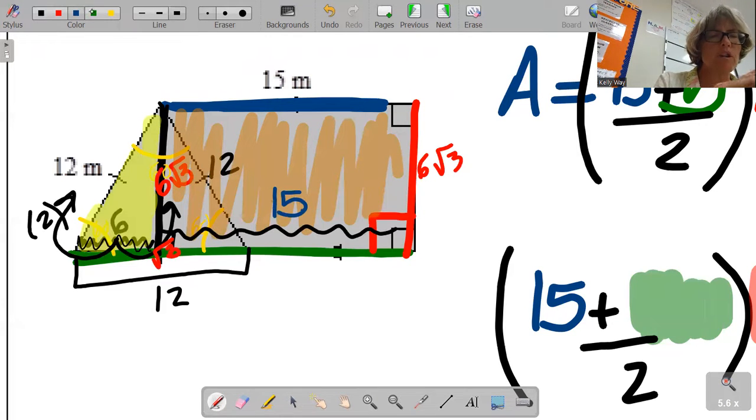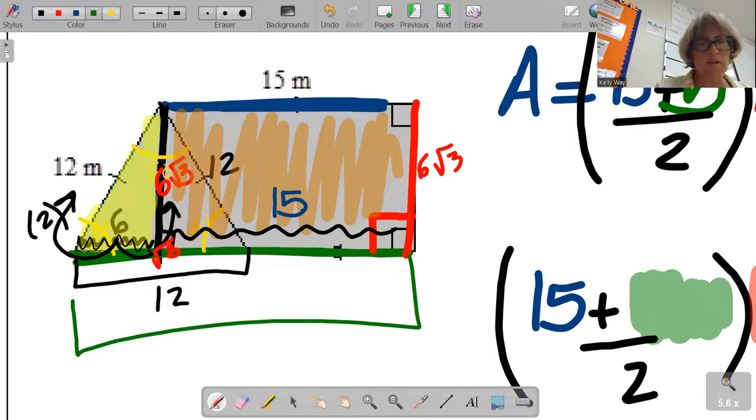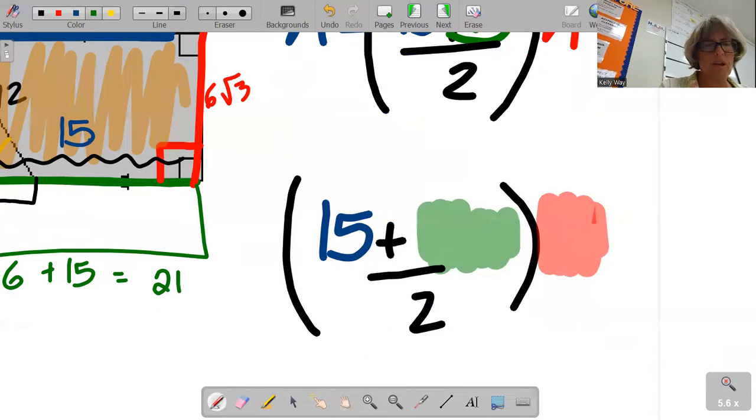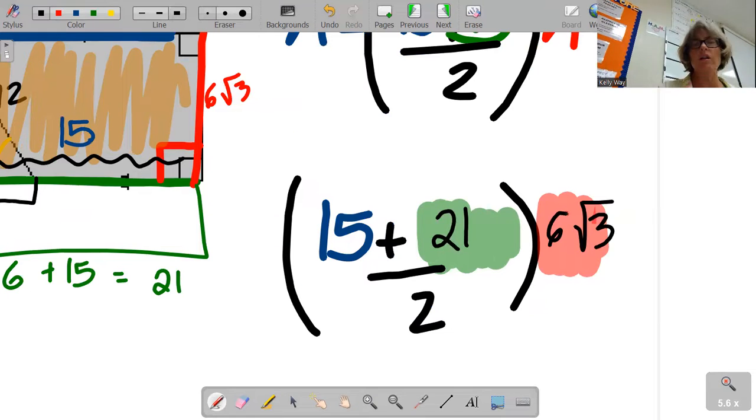And then we need to find our other total base, which is going to be 15 plus the 6, which gets us 21. Now we have everything we need: 21, 6 root 3. Now you just clean it up from there.